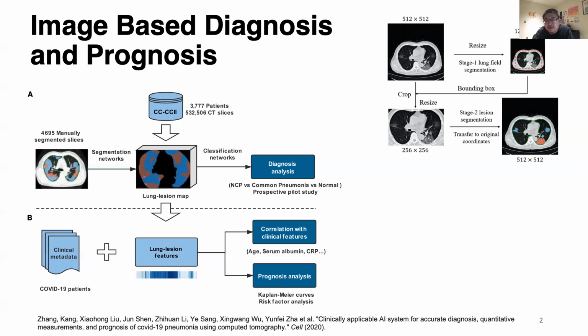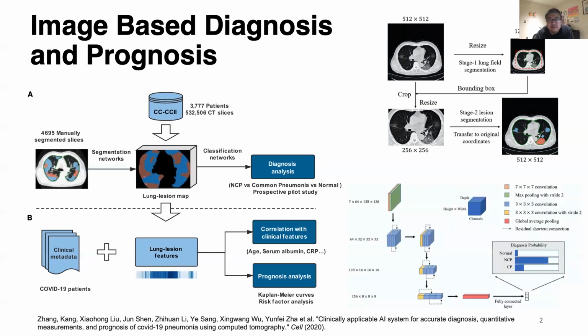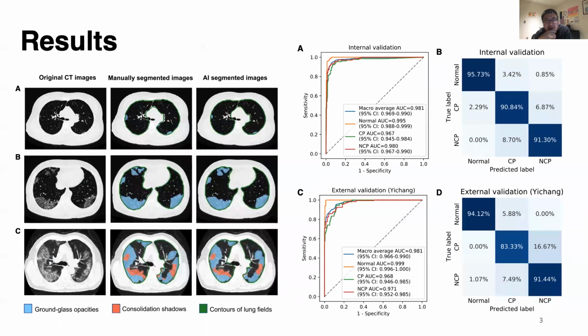The key region was cropped from the original input image and resized to a 256 by 256 level as the input for the second stage segmentation. And this is actually the 3D classification network, which took as input the result from the segmentation network to predict the three-way classification. And this is the result on the left column.